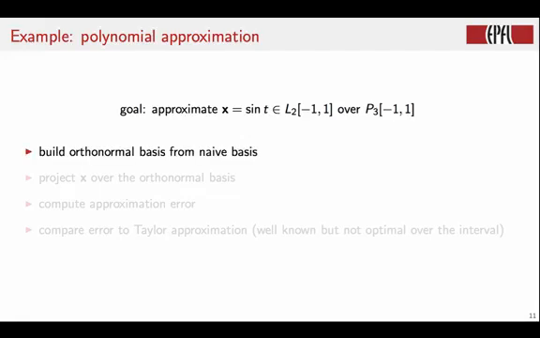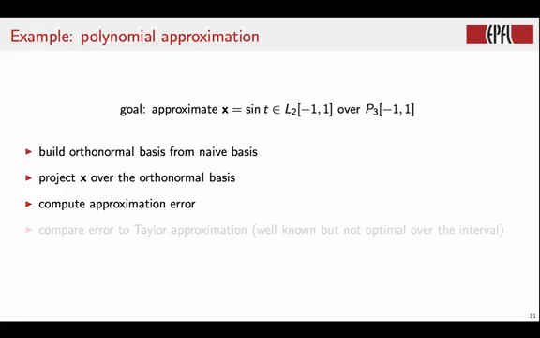The way we're going to perform this approximation is first try to build an orthonormal basis for P3 of [-1, 1]. Because once we have an orthonormal basis, the best approximation will be simply the orthogonal projection of sine of t over this basis. And to project x over this basis, all we will need to do is take the inner product between sine of t and the elements of the basis.